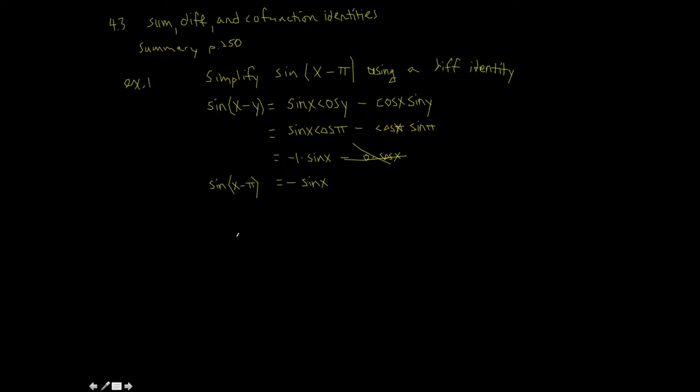Alright, well, let's look at another one. Let's look at the cosine of x plus pi, and let's simplify it using the appropriate identity.